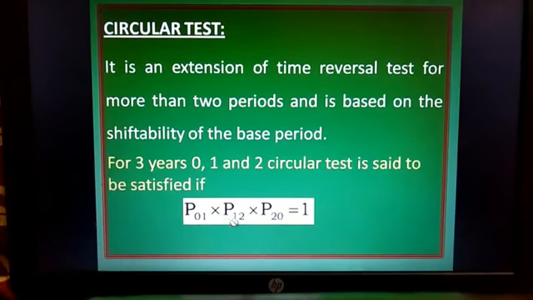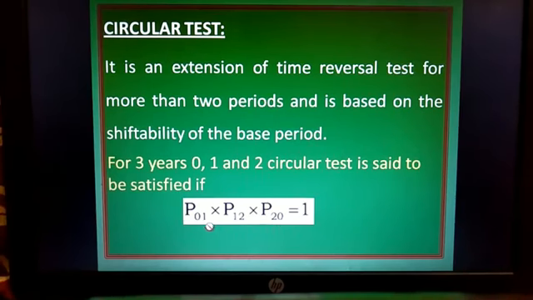In terms of P12, what it is? It is a price index number in current year 2 with comparison of base year 1. Correct? And here P20 means what? Price index number in current year 0 as compared to base year 2. Correct?